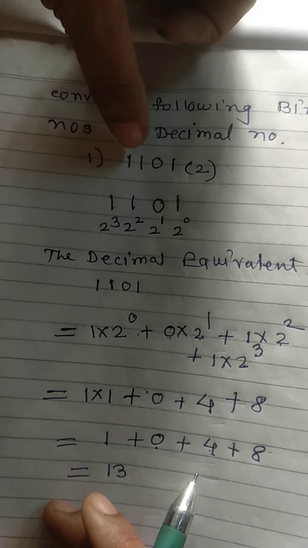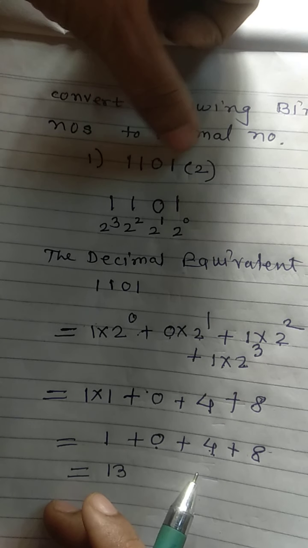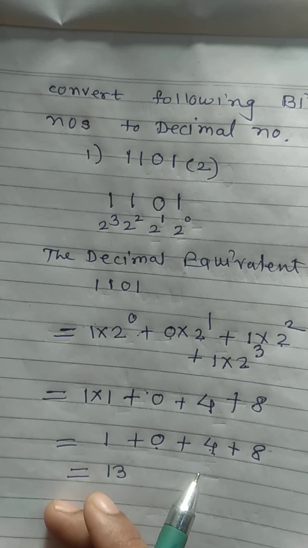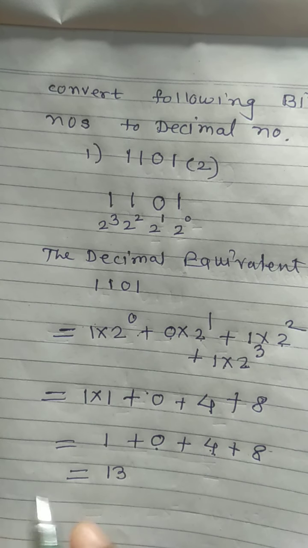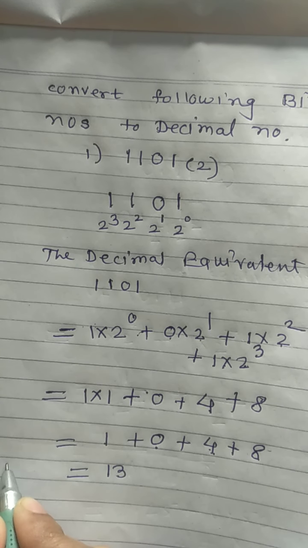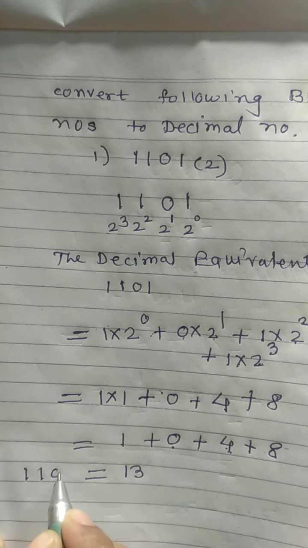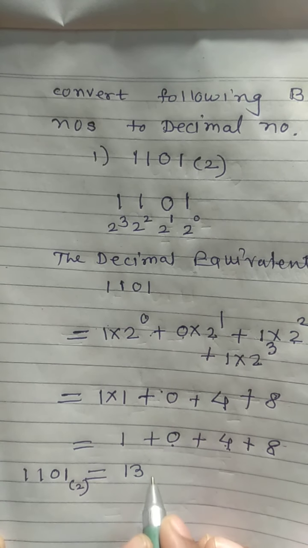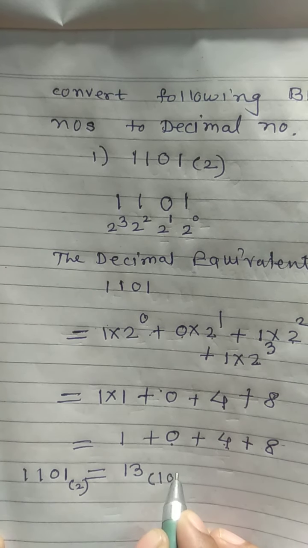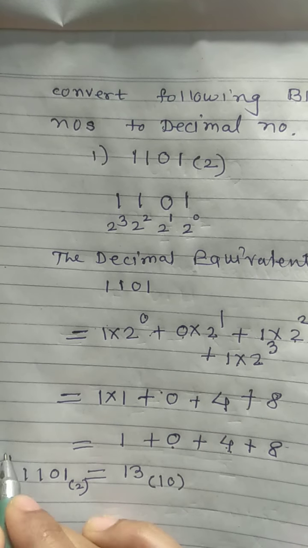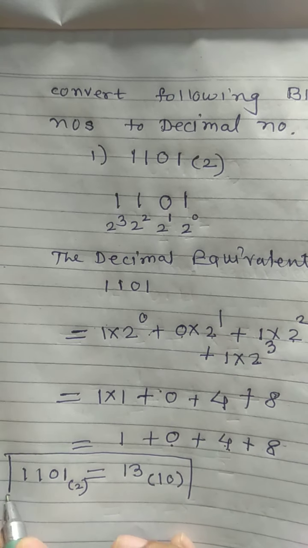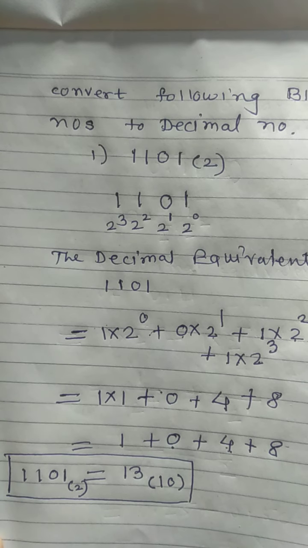It was asked to convert 1101 base 2 to decimal equivalent. So I will write here as 1101 base 2 is equivalent to 13 base 10. So this is the final answer which we wanted.